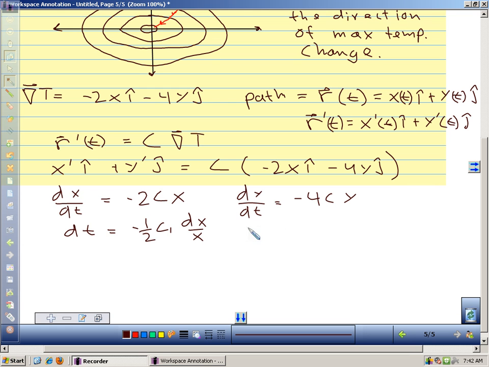And here dt is minus 1/4 some other constant. I'm dividing by the constant, so I'm just going to call that 1 over the constant, because I need to divide both sides. dy over y.